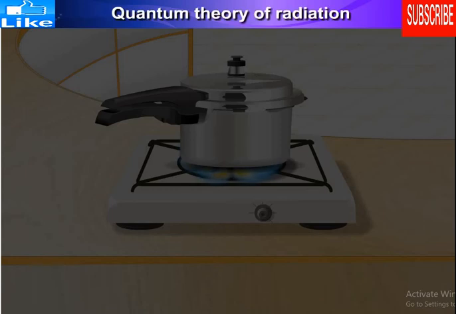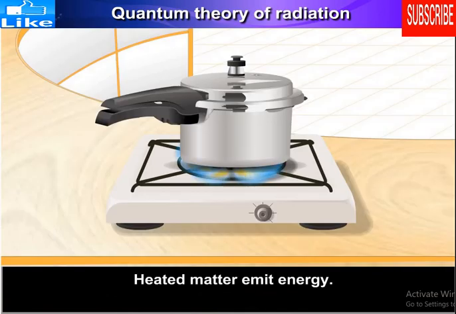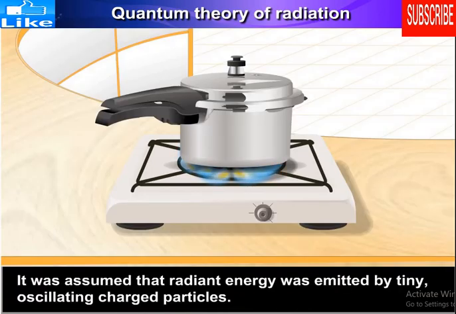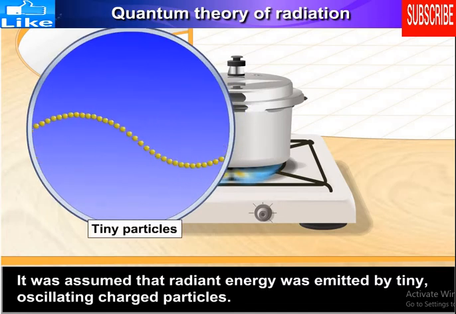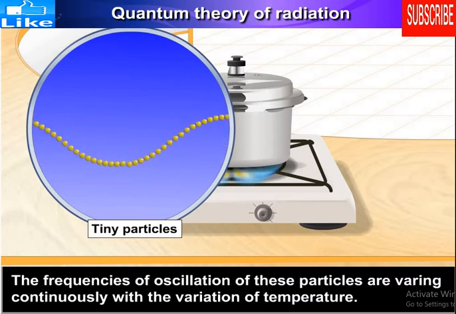Quantum theory of radiation. Heated matter emit energy. It was assumed that radiant energy was emitted by tiny oscillating, charged particles. The frequencies of oscillation of these particles vary continuously with the variation of temperature.